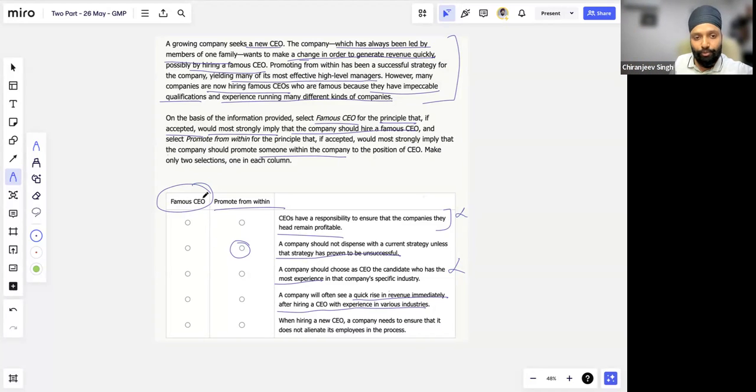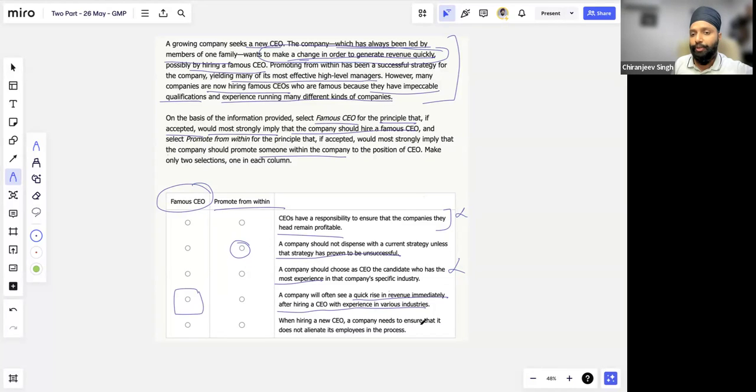So this seems to go with famous CEO. Are we concerned with a quick rise in revenue? Yeah, the objective was actually to make a change in order to generate revenues quickly. And this says the company will often see a quick rise in revenues immediately after hiring such a CEO. So that supports that the company should hire a famous CEO. That makes sense.